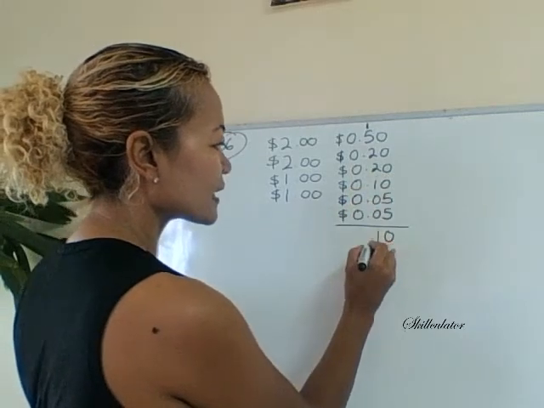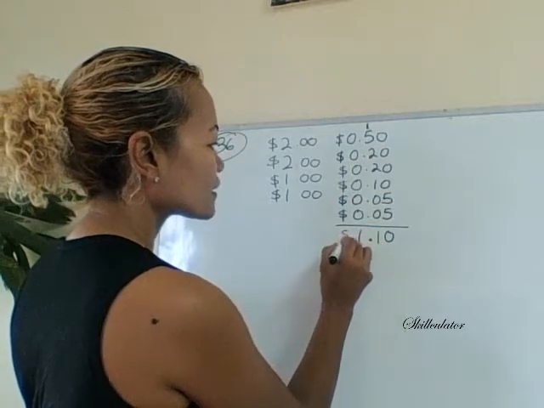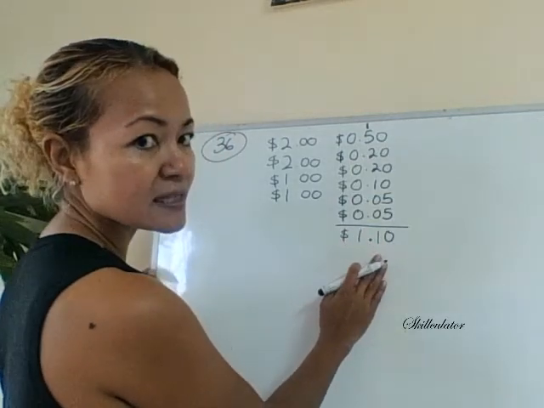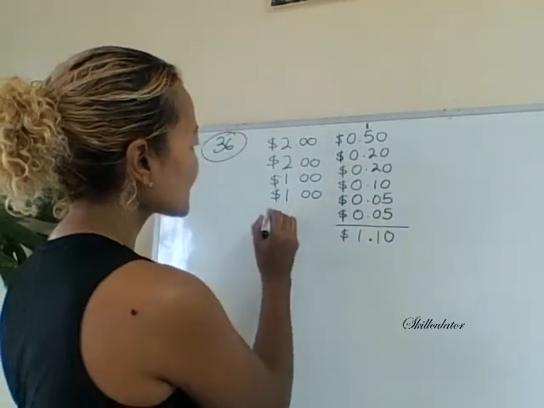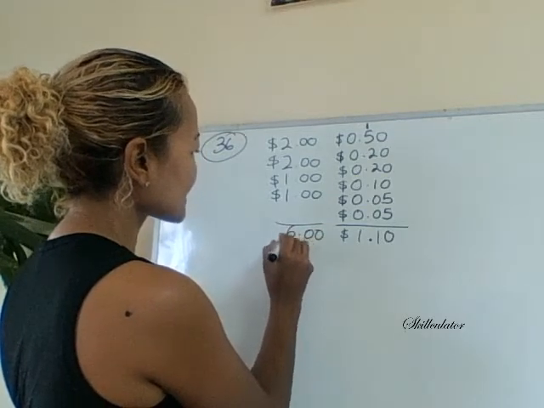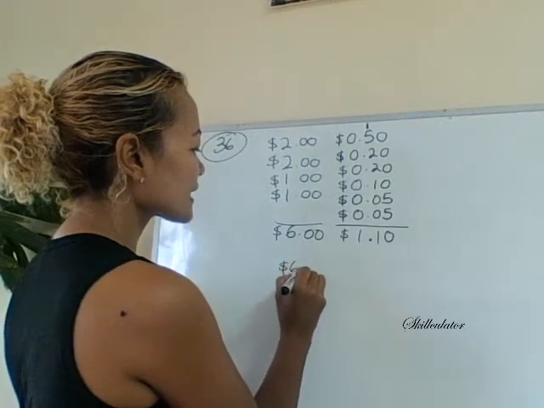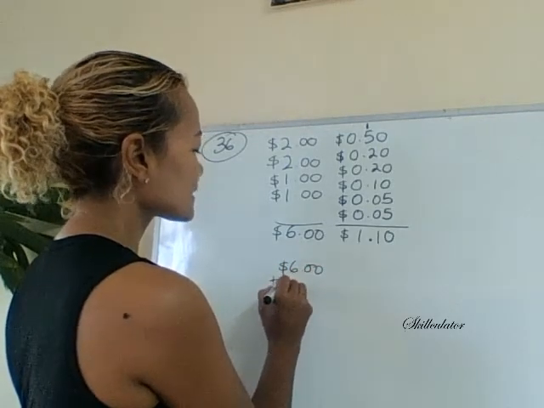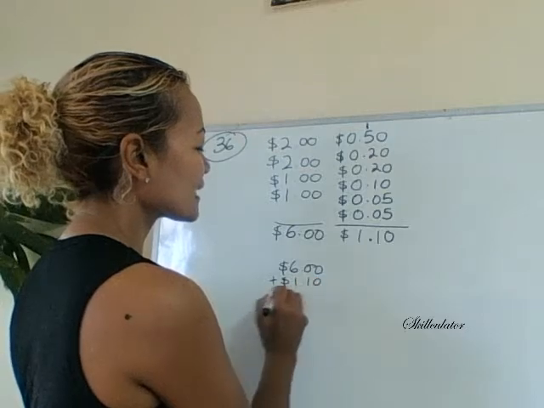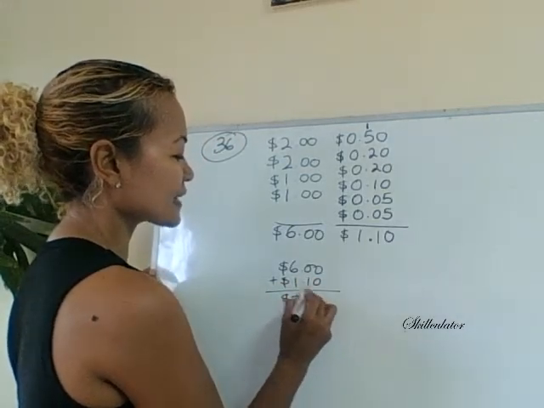So 1 decimal point, carry 1, $1.10 from these smaller coins. And here, this is fairly simple, 0, 0, and 6. And if you add these together, 6 plus 1.10 is equal to $7.10.